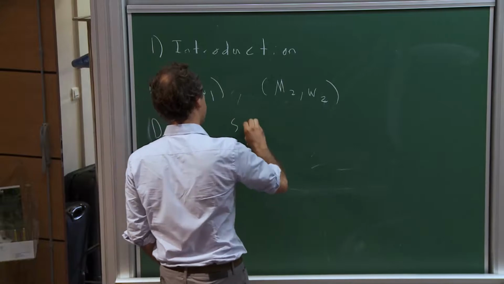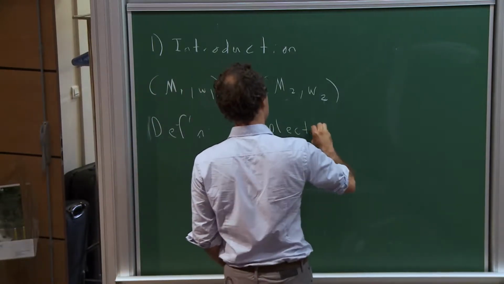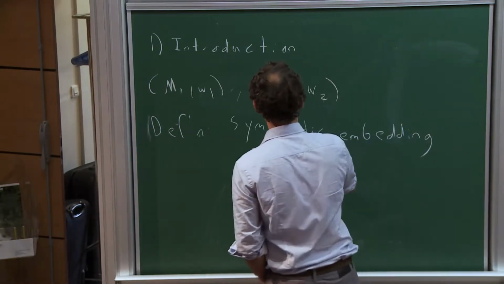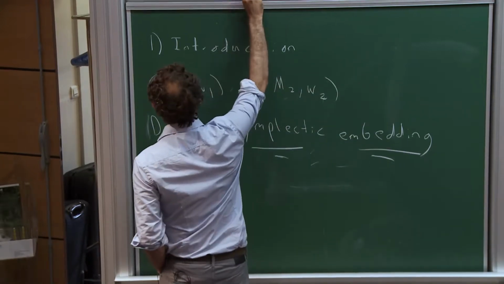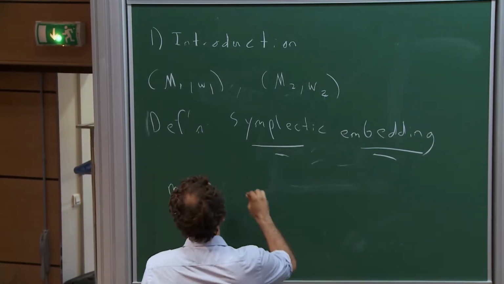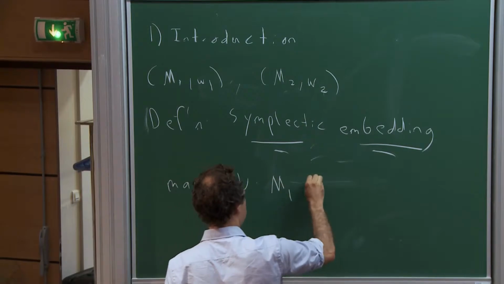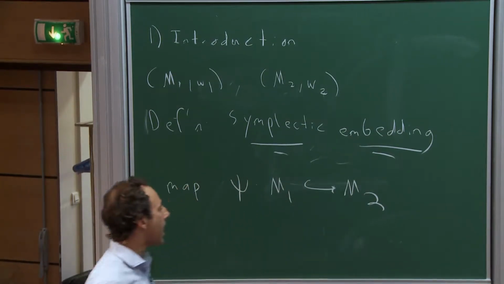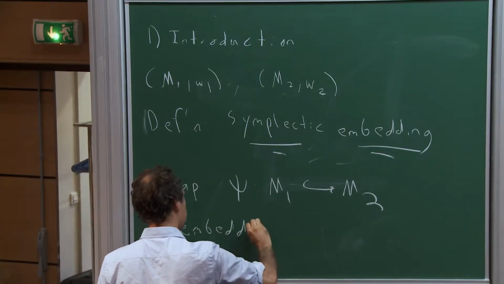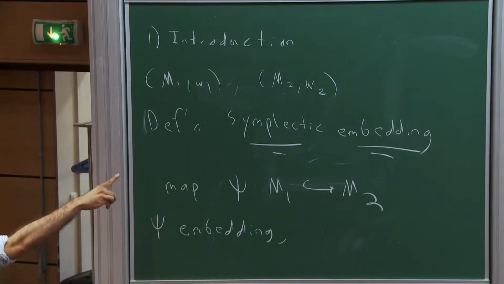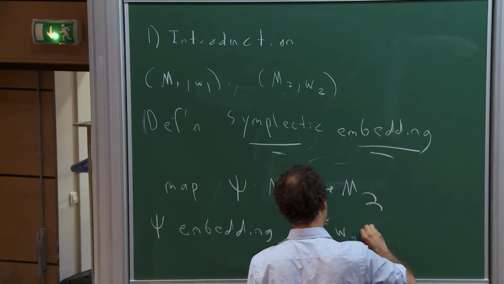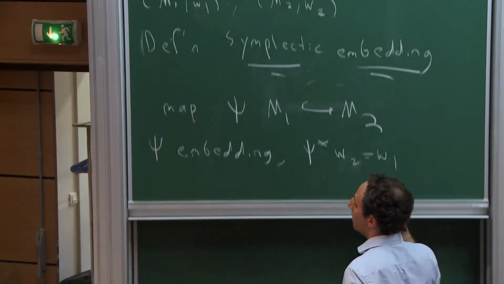A symplectic embedding is a map psi going from M1 into M2, where psi is an embedding of smooth manifolds, and psi pulls back the symplectic form on the target to the symplectic form on the domain.